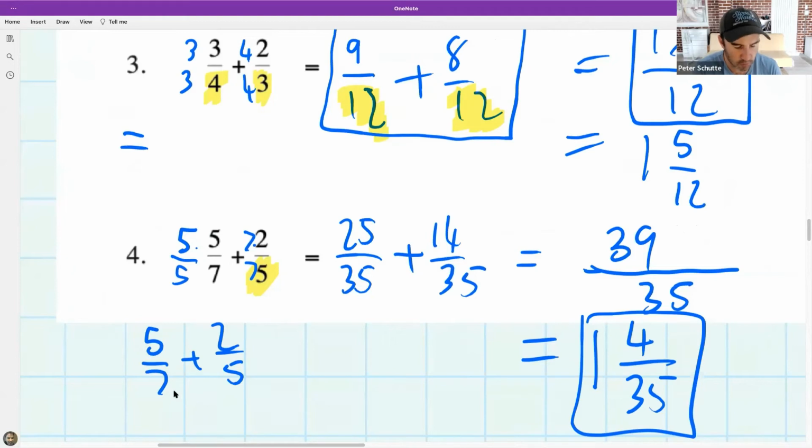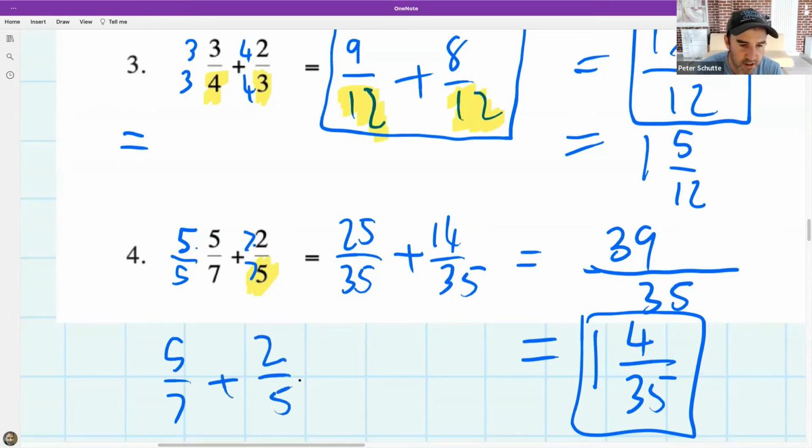When we started, the really difficult part was really the 7 number. The really tough part was finding out what common denominator do we have, and what Charity did was she said, well, I can get that by just taking 7 times 5.